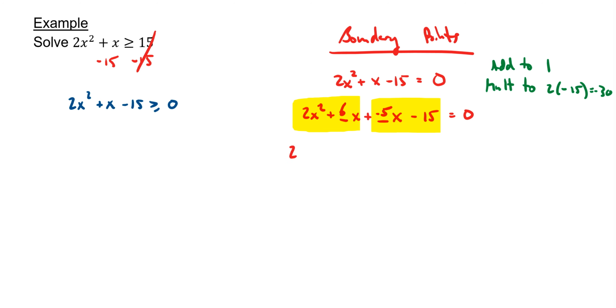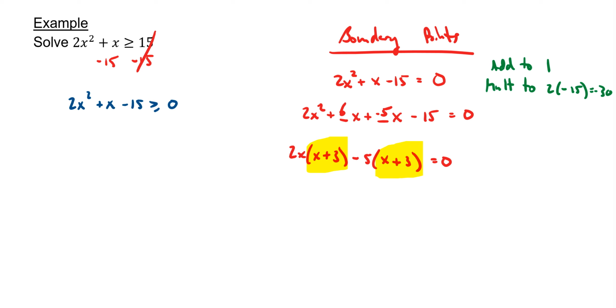The GCF of the first group is 2x. If you factor out a 2x, you're left with x plus 3. Second group, if you factor out a GCF of negative 5, you're also left with x plus 3. And in order for grouping to work, these parentheses need to be the same. So you factor out the x plus 3, and we're just left with 2x minus 5.